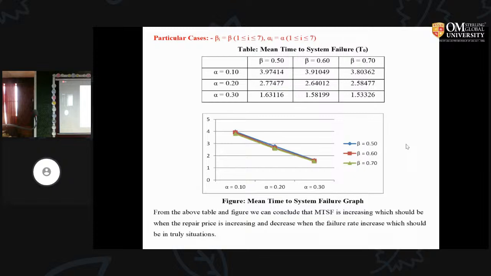Here is shown on the screen the mean time to system failure graph. If I fix the beta value at 0.50, that is the blue line, and alpha increases, the mean time will decrease. Similarly with beta 0.60, if I fix this value and alpha increases, the mean time value will increase.